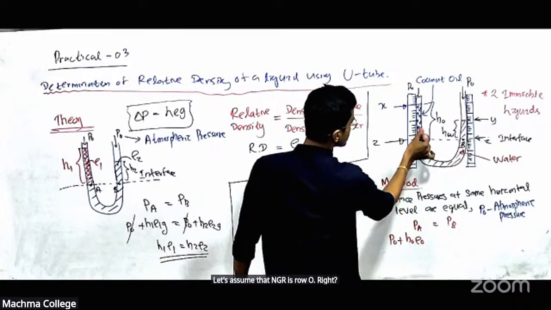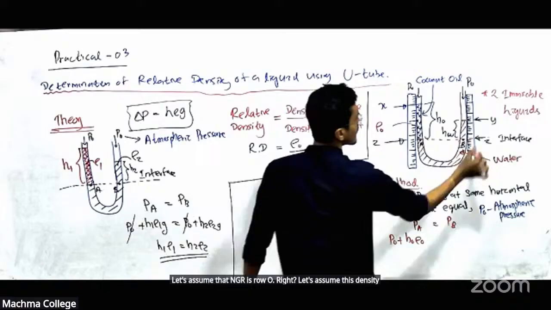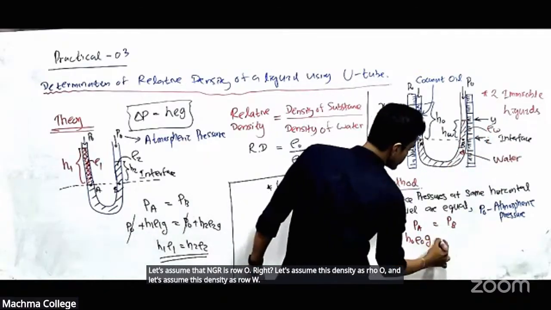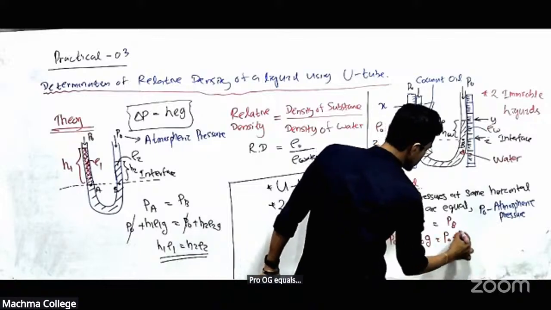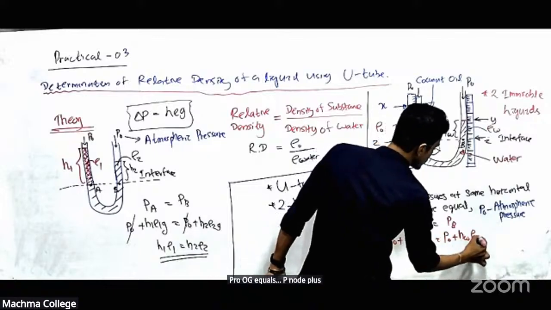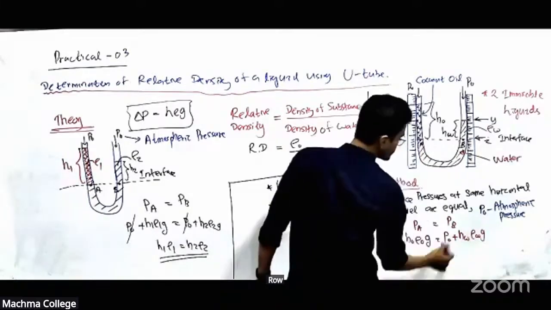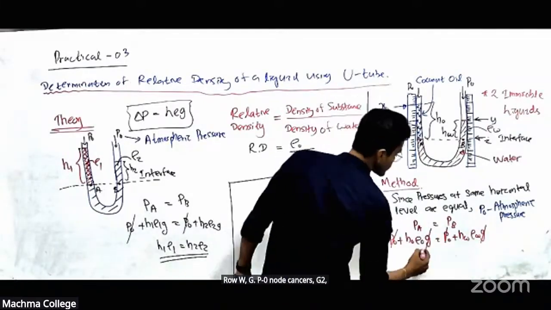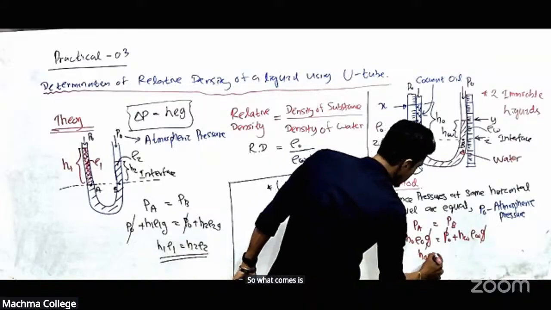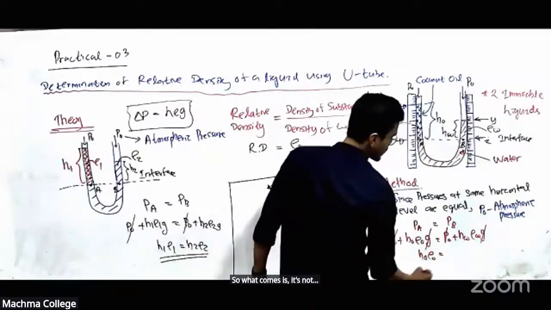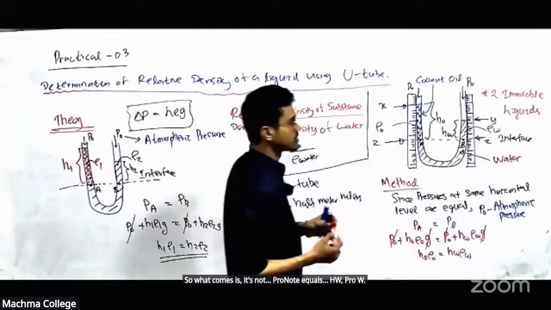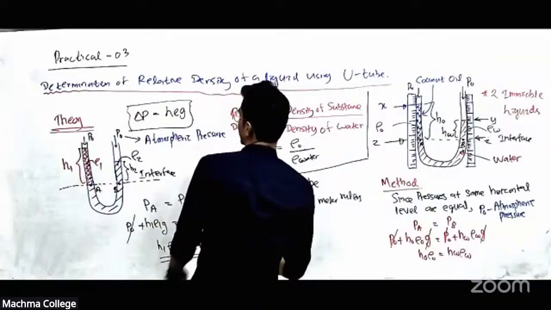Let's assume this density as rho naught, and let's assume this density as rho W. So, H naught rho naught g equals P naught plus HW rho W g. P naught to P naught cancels, g to g cancels. So what comes is H naught rho naught equals HW rho W. Right. I'll erase this part now.